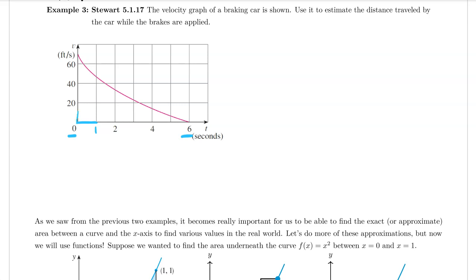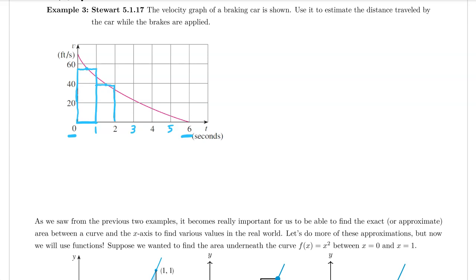And I'm going to draw my rectangle with some height, and I'm going to stop kind of in the middle. So if we thought about this as a function, essentially that would be the output value if I plugged in 0.5. And so that's how I'm going to draw my rectangle. So it has a height there. And I'm just going to go ahead and do the same thing for the rest of my subintervals. So for this one, I'm going to say if I plugged in 1.5, it'd be about there.